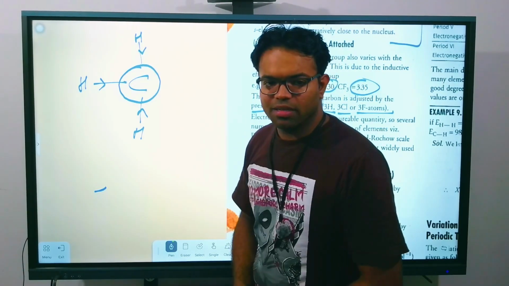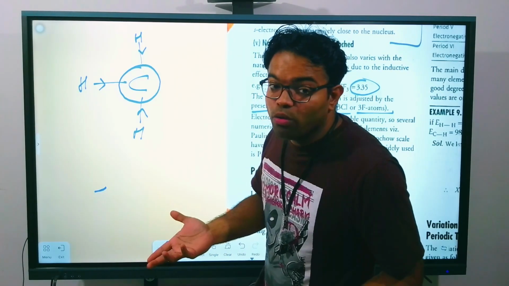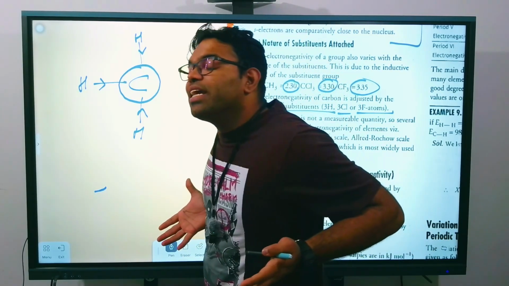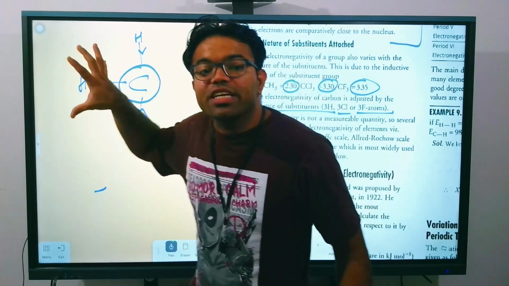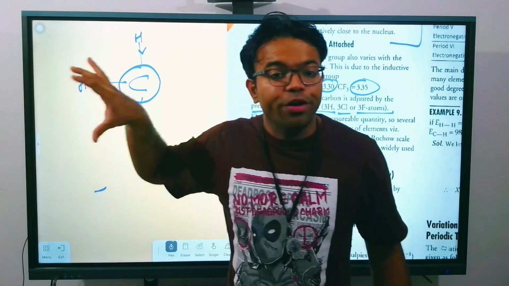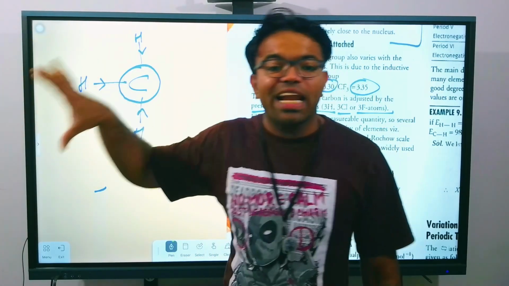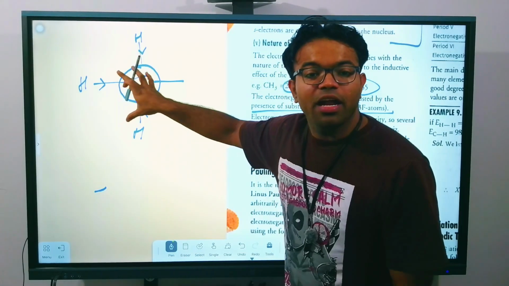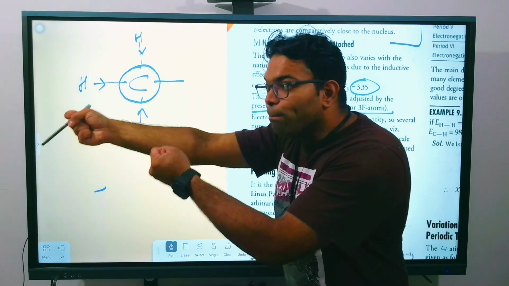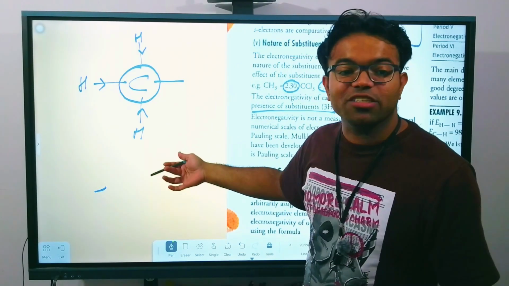It transfers its electrons, not completely though, but it provides enough electrons to this carbon atom to reduce its hunger, to reduce its selfishness, to reduce its electronegativity, so that this carbon atom does not take more electrons from anything that is attached to it.